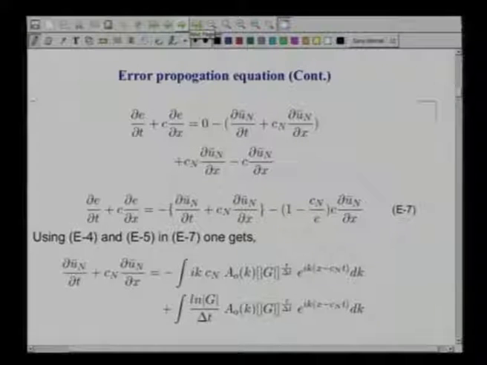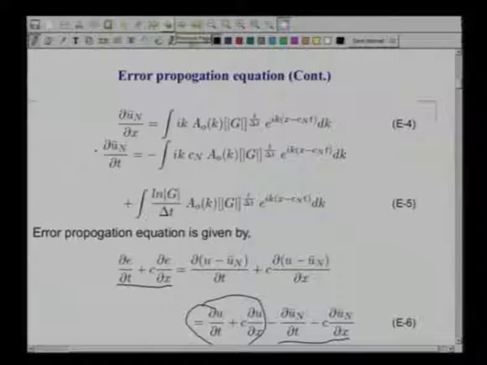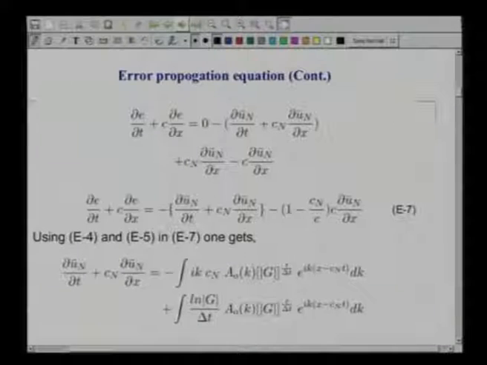If you note that in the previous slide, this right hand side had here c, whereas as we mentioned, in computation c will be replaced by c of n, the numerical phase speed. So, that is why we have done this following manipulation.